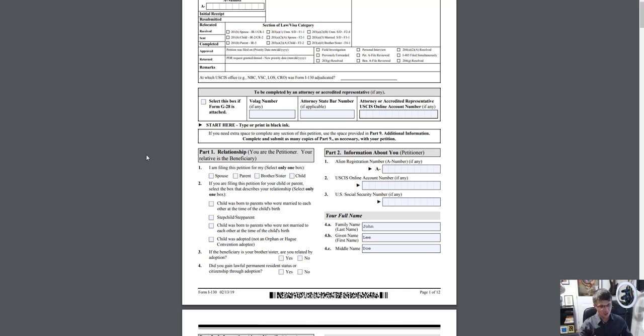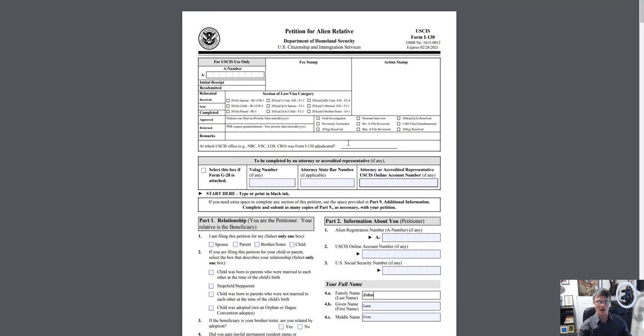You can't really blame USCIS or the immigration officers because they have thousands of these applications and they go through them. Especially with different names, right? You have different names from different countries that don't sound familiar for people here, and whenever they do their processing, they make mistakes. So make it as easy for them as possible.